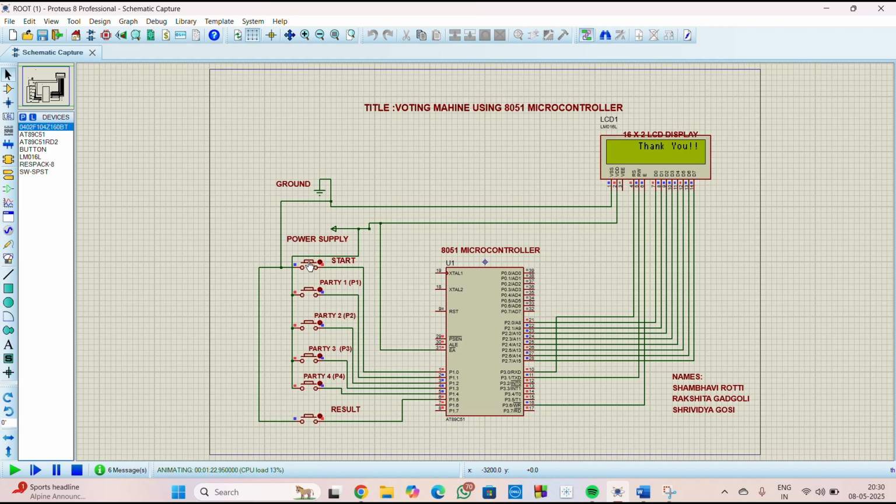By pressing the start button again, the circuit will be restarted. Again the party names will be displayed. We have to cast a vote for one party.